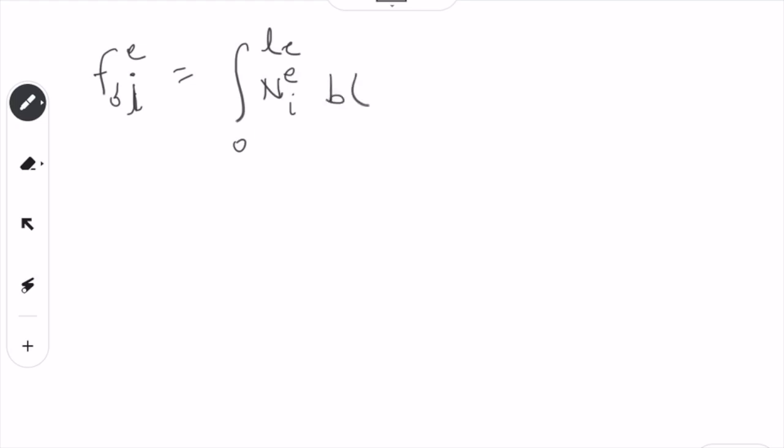B as a function of x e, this is also a function of x e only, and then we have dx e. Okay. So, this is what the F b i is, right.